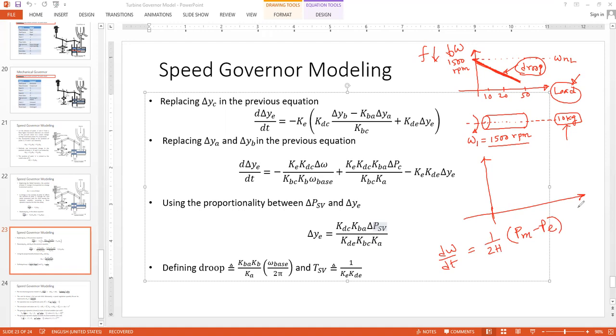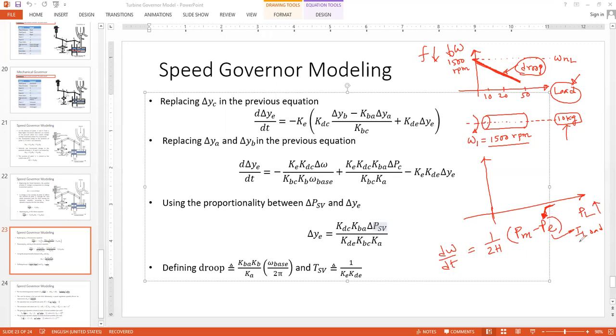Now, if the load demand increases for this generator, what will it try to do? It will try to supply the demand. Demand means it will try to supply more current, I load, at a constant voltage. Let's say the voltage is constant; we are trying to keep it constant by the excitation system.